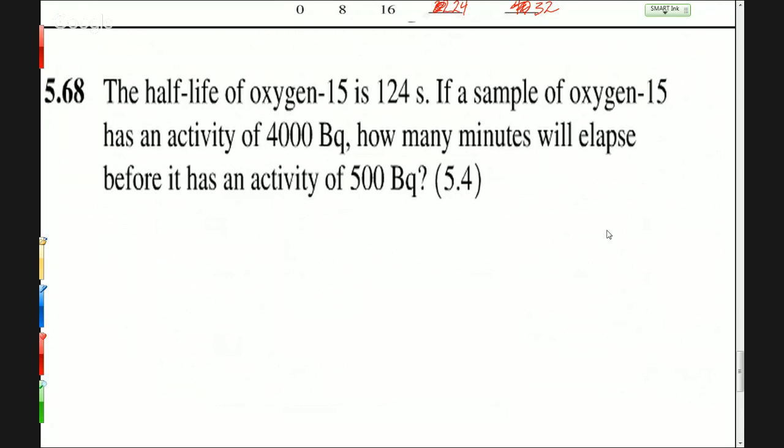If a sample of oxygen-15 has an activity of 4,000 becquerels, how many minutes before it has an activity of 500 becquerels? So going from 4,000 to 500. See if you can find how much time that is. Give that one a try on your own, and we'll discuss it.